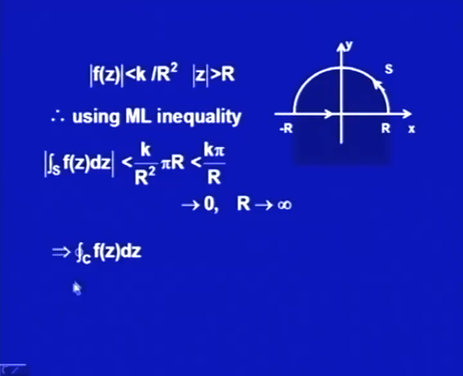So, now what we have got? Along this closed contour, the integral of f z dz is, by the residue theorem, 2 pi i times the summation of all the residues of f z interior to this contour C. This integral we had broken into two parts: one is the contour integral on the semicircle S, and the other is the contour integral on the line on the real axis from minus r to plus r.